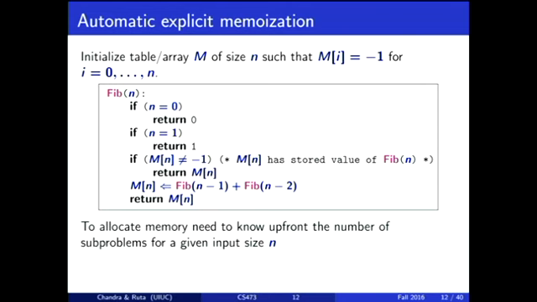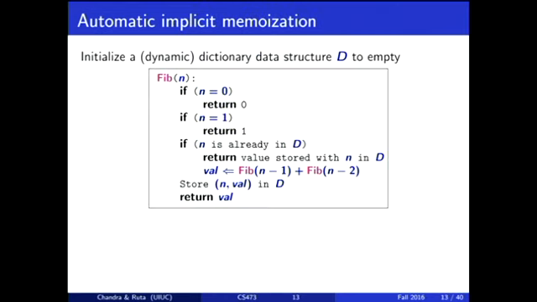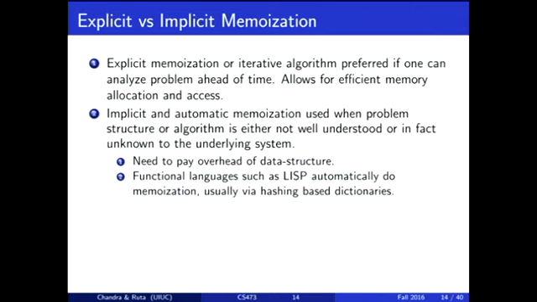This is basically an explicit way of memoizing, and in the implicit way, where I don't understand the structure of the problem, I just use some dictionary data structure. I don't understand the problem at all, so I just use a dictionary. I don't understand what the running time will be in that case. So you can do it automatically. This is a very simple technique. There are some advantages. We'll not worry about that.